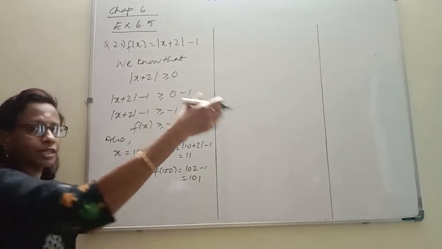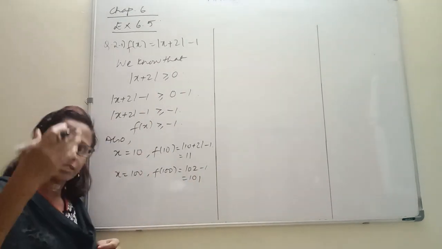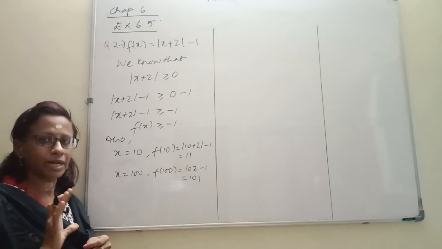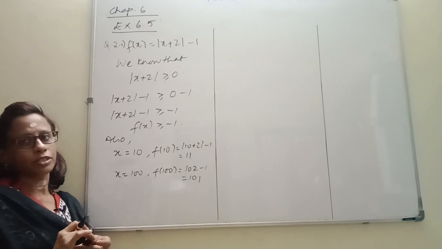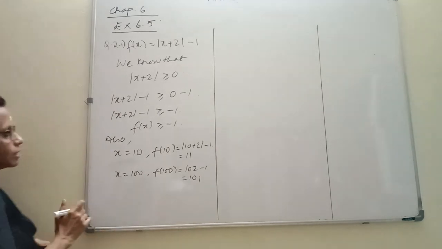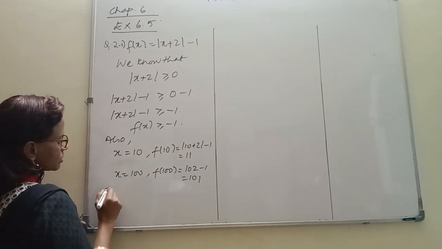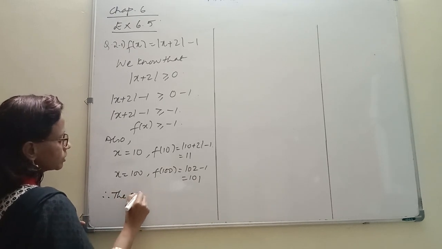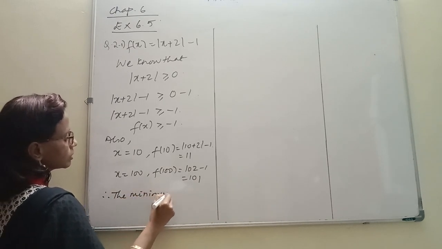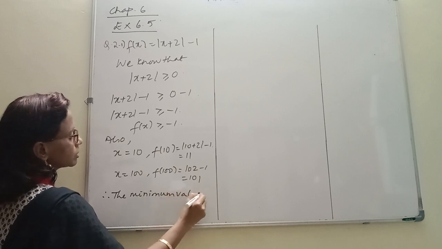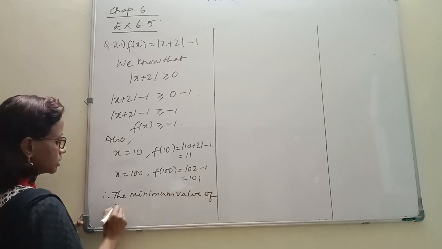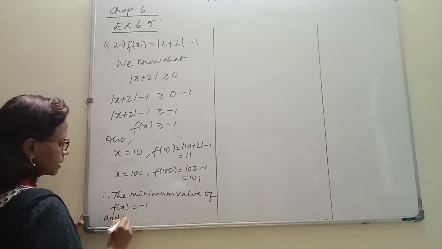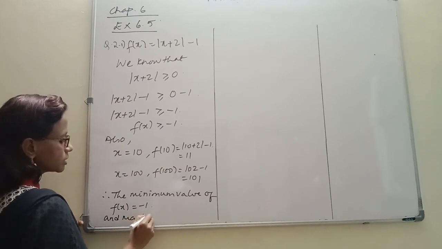You could take like 1000, it's going to rise. So the value is keeping on rising. That's how we decide that there's not going to be a maximum value. Minimum value minus 1 is there. Therefore, the minimum value of f of x is minus 1, and maximum value does not exist.